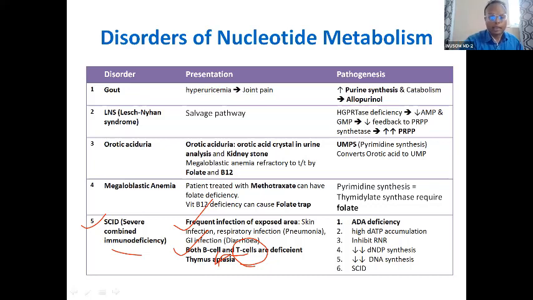Rather than aplasia, replace the term with a small or dysplastic thymus. These are the features you will find in SCID.